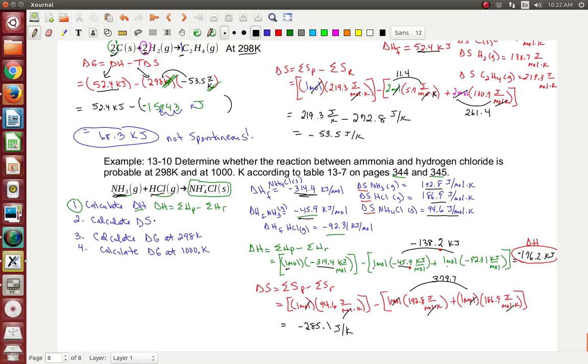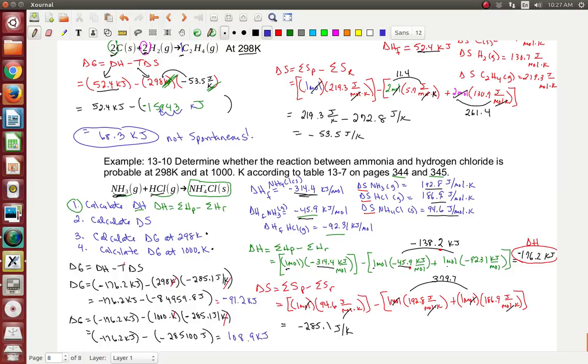There's your delta S. So now we calculate the delta G's at 2 different temperatures just to compare them. I'm going to set those two up for you. Okay, I put in the final amount for you, calculating the delta G's, and so let's look at them.